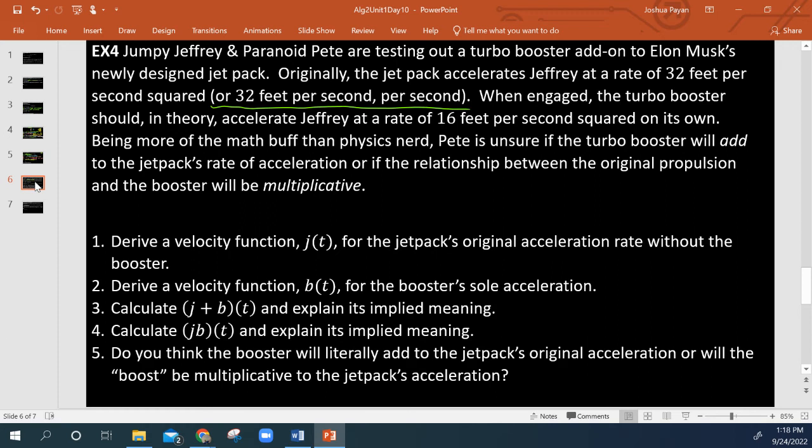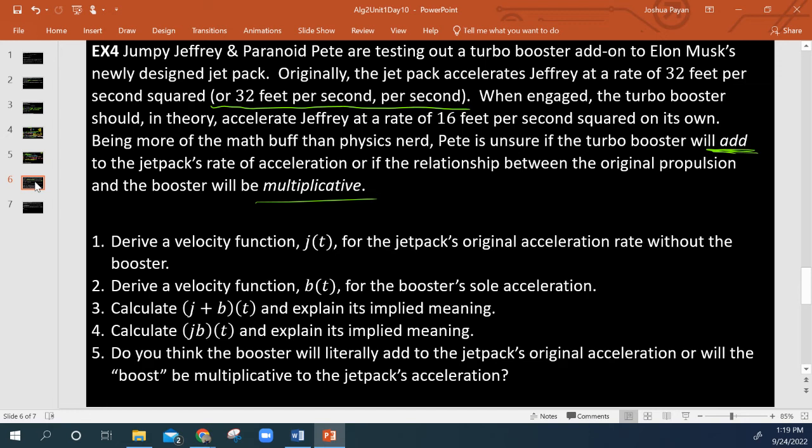And then when engaged, the turbo booster should, in theory, accelerate Jeffrey at a rate of 16 feet per second squared on its own. Okay, so being more of a math buff than a physics nerd, Pete is unsure what the relationship will be with the booster. If it'll be an additive relationship or a multiplicative relationship.